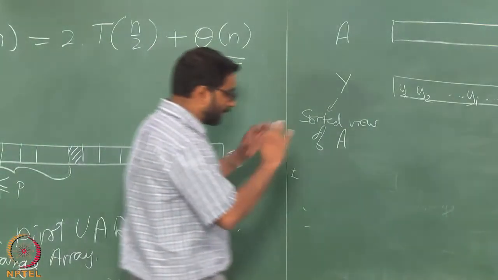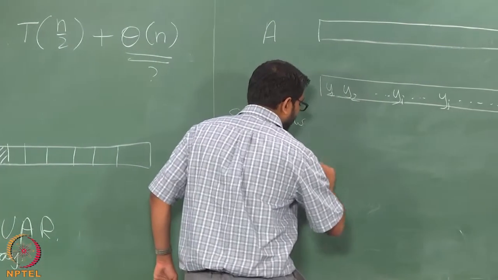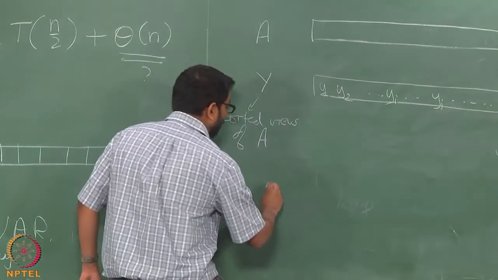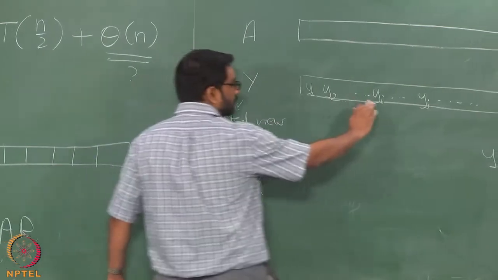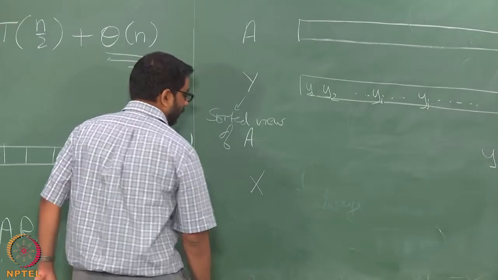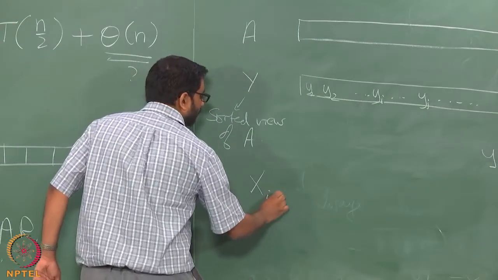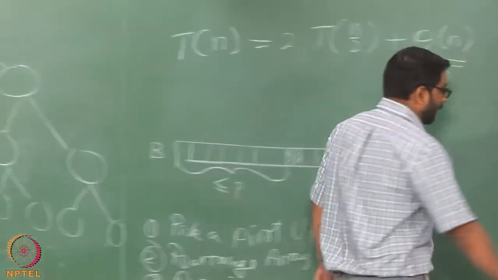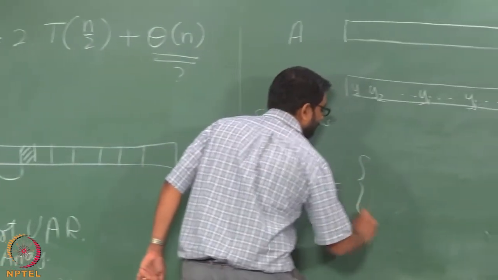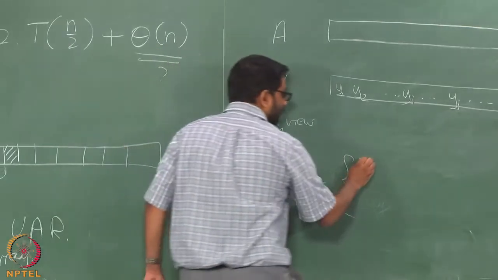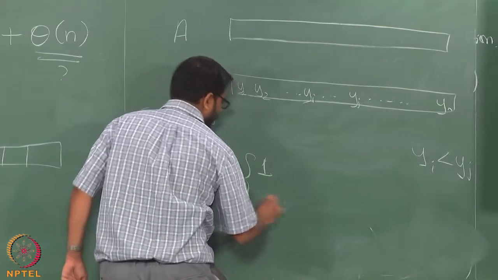In order to get a handle on the total running time, let's define a very simple random variable corresponding to these two elements Yi and Yj. We're going to call that random variable Xij, and this Xij can take one of two values, either a 1 or a 0.